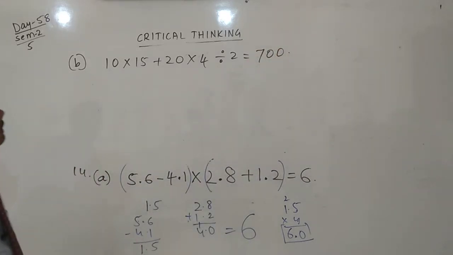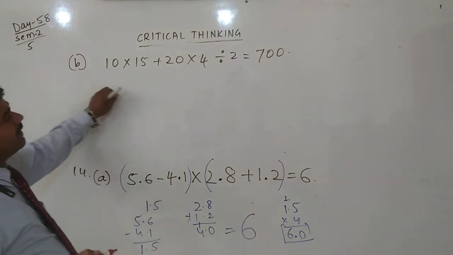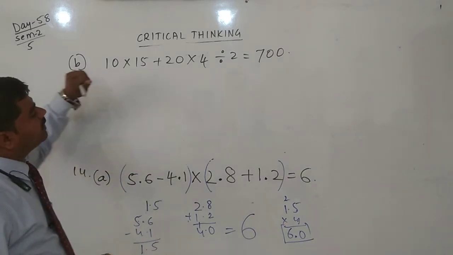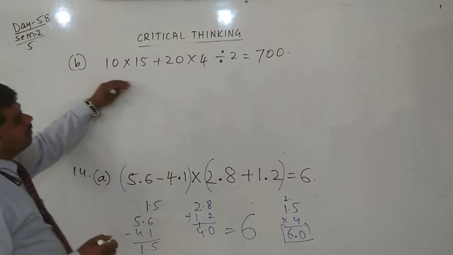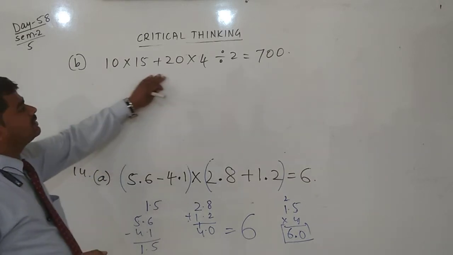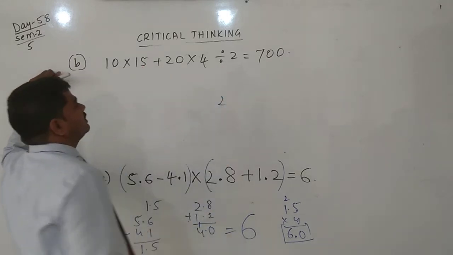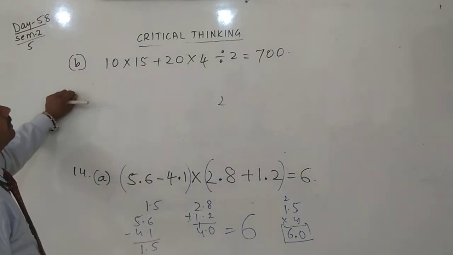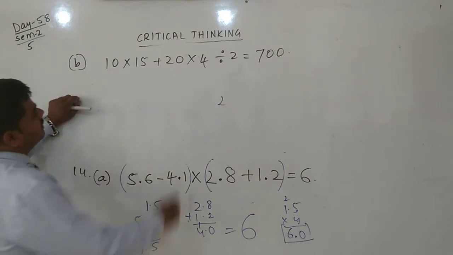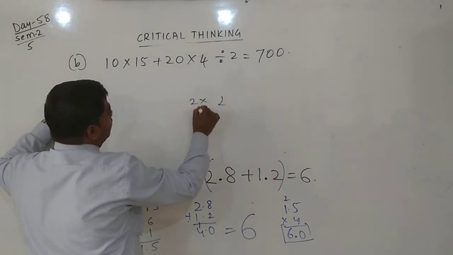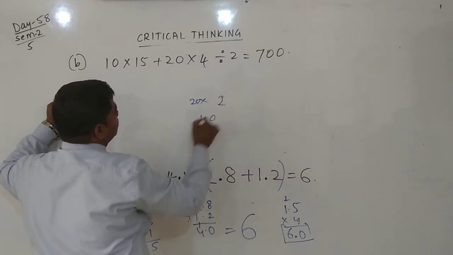Yes. Here 15 tens are 150 plus 20 is 170, no, it is not possible like that. First, what, DMAS or BODMAS, should we apply? DMAS means division first. 4 by 2 is 2. Then after that multiplication. 20 and 2 is 40.